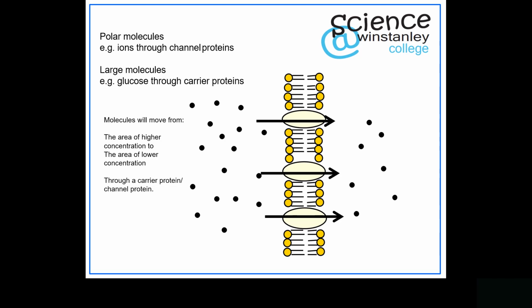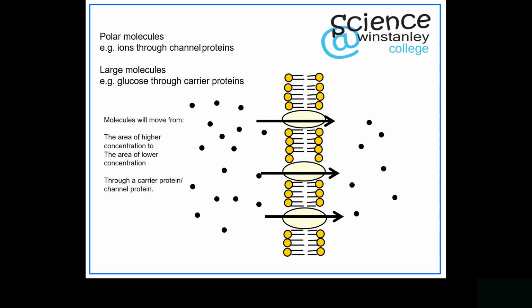Now, they will move from a higher to a lower concentration only if the channel or the carrier is open. So in a way, it's a method of slowing down, stopping, or allowing molecules to move. If the channels are closed, doesn't matter how high the concentration is on one side, they will not be allowed to pass through the membrane.